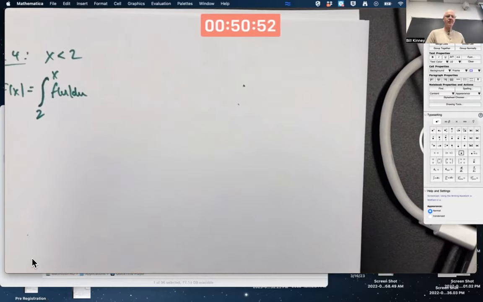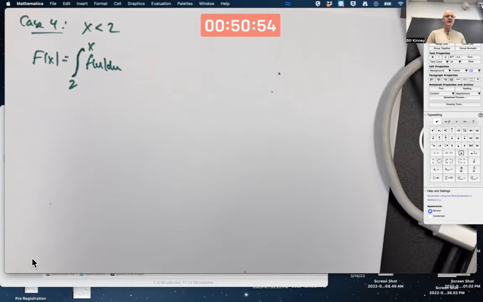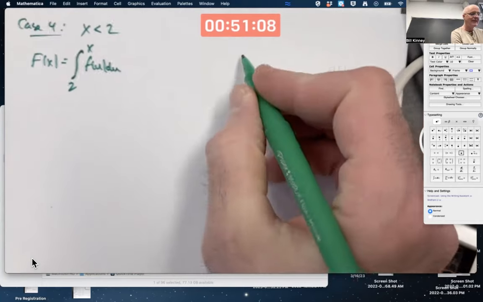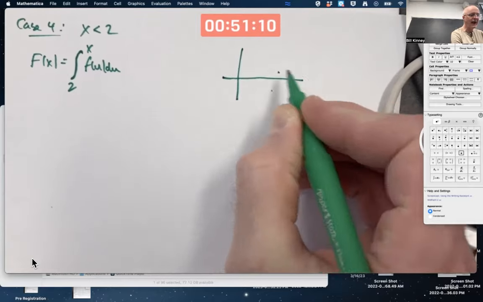Wait a minute. How can that be? If x is less than 2, like 1.5, how can I integrate from 2 to 1.5? That's not allowed, is it? Yes, it is. But you have to know what it means. Hang with me. We are still thinking about the graph of little f.